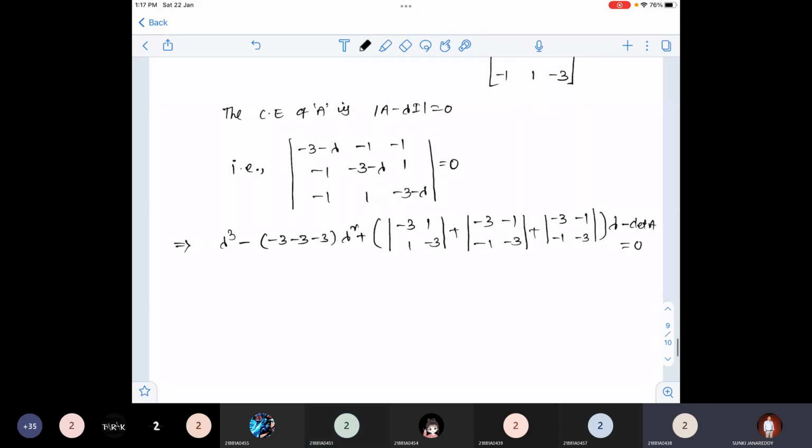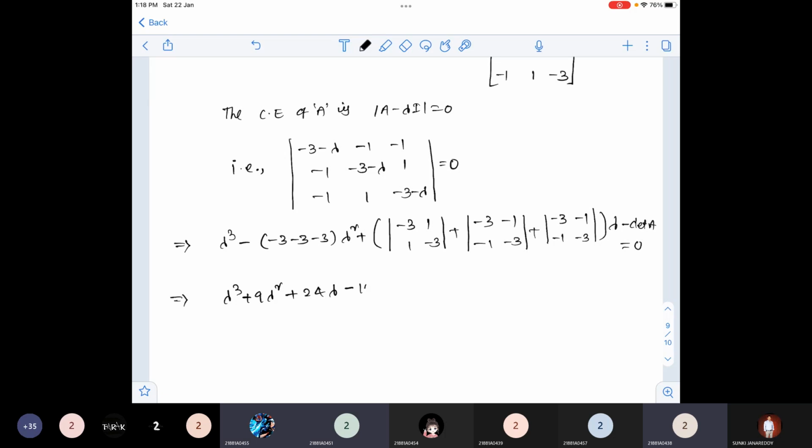Then what is the next one? That implies lambda cube plus 9 lambda square plus 24 lambda plus 16. What is the determinant? Minus 16.